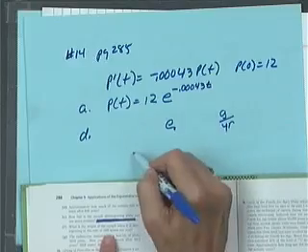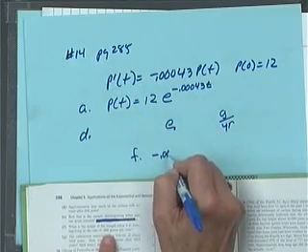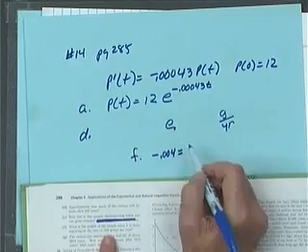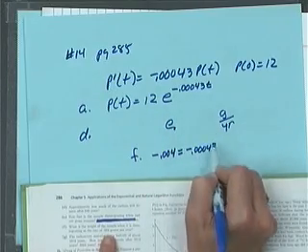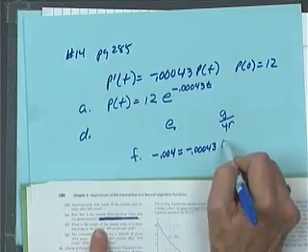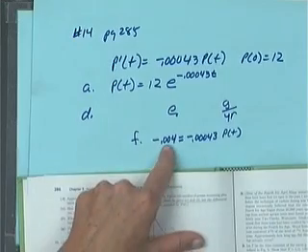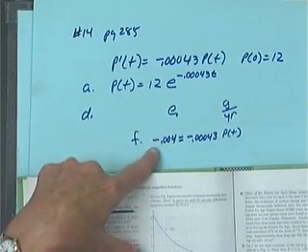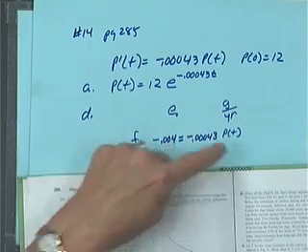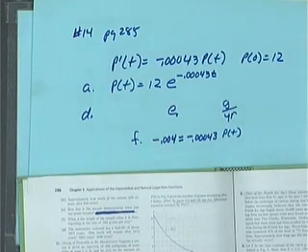So in part F, it's disintegrating, so you have negative 0.004 equals negative 0.00043 times the weight of the sample, which is P of T. The word disintegrating tells you to make that negative, and that will tell you the weight of the sample. Okay? Everybody good?